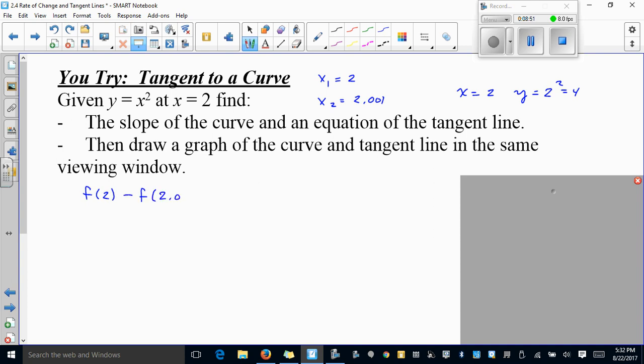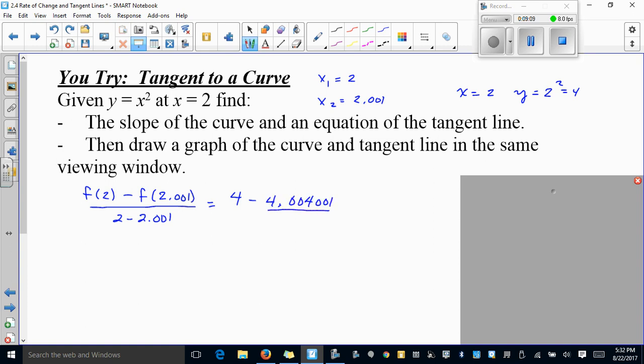This gives me a value of 4 minus 4.004001 over 0.001. Yes, I'm just throwing this in the calculator.